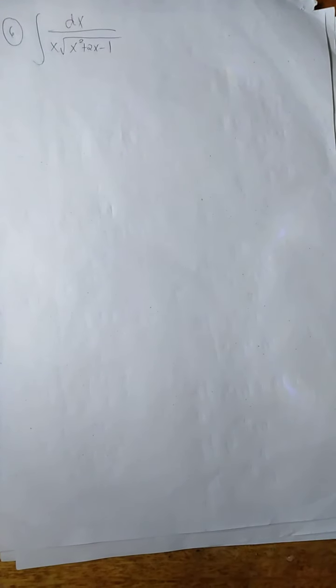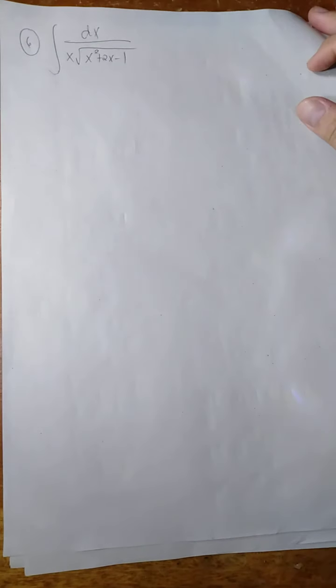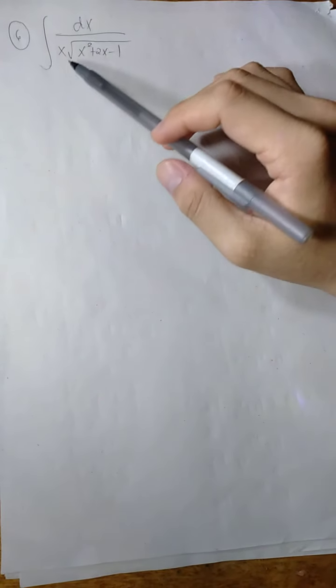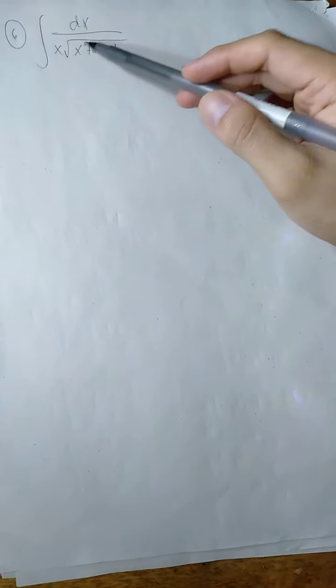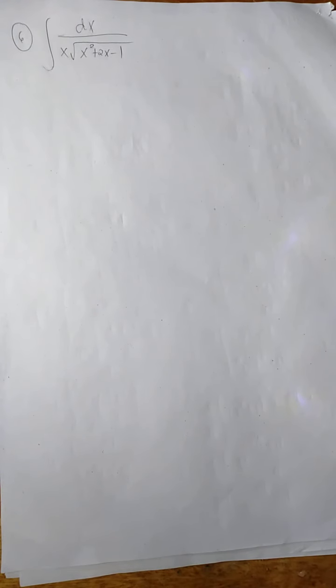Okay, so our function now is the integral of dx over x multiplied by the square root of x squared plus 2x minus 1. So mapansin natin, ito yung ating function, which is x squared plus 2x minus 1 under a square root.